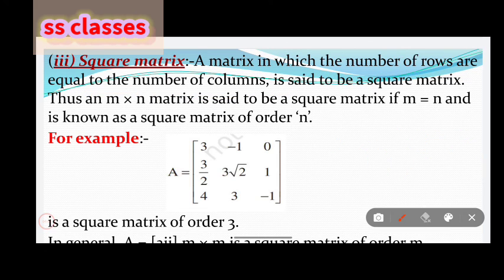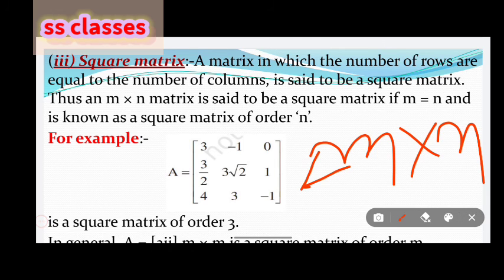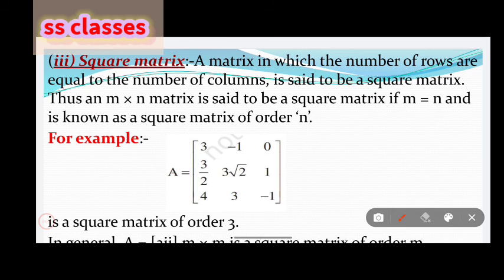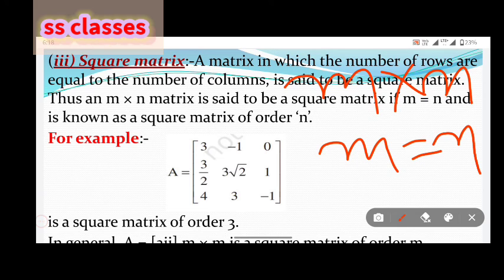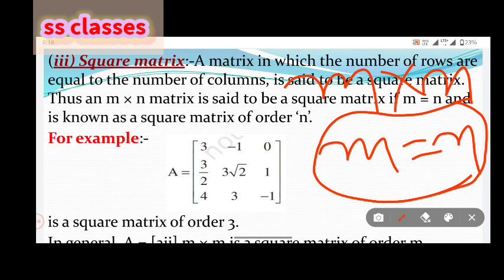That means m into n, where m equals n. This is the condition m equal to n. This is always called a square matrix, because m equals n. This is the reason for the name square matrix.